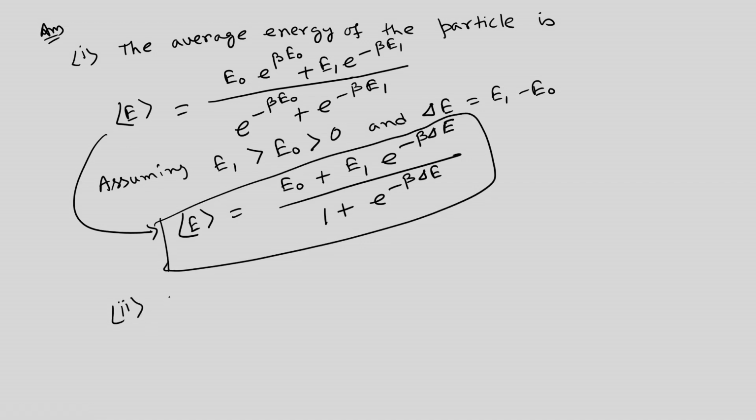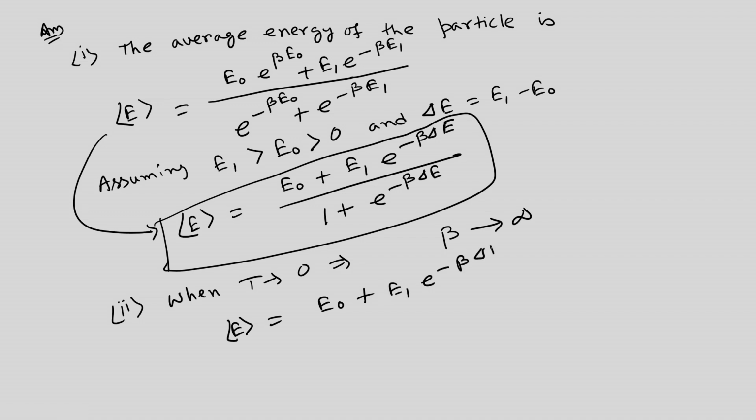Then the next problem is when T goes to 0, means when beta goes to infinity. Okay. So, T goes to 0 means beta goes to infinity. So, average energy E bar equals E0 plus delta E, or E0 plus E1 e to the minus beta delta E times 1 minus e to the minus beta delta E. Okay.